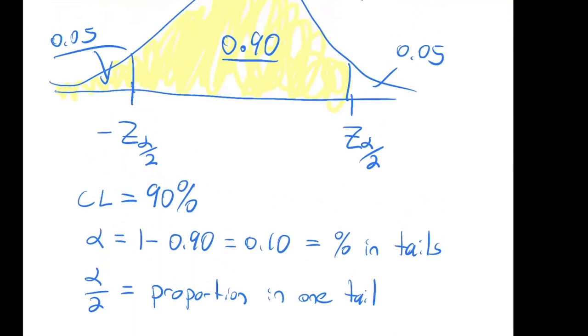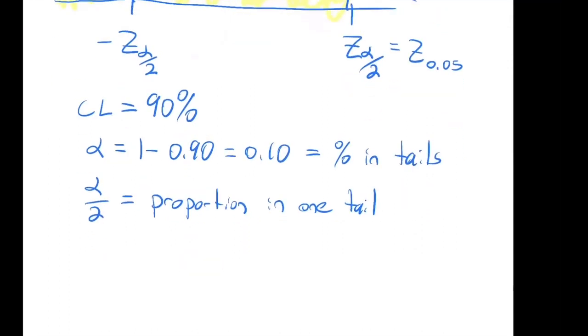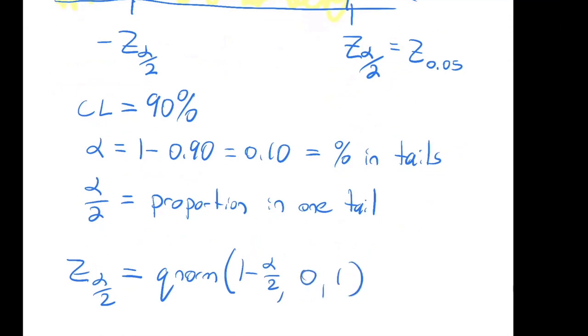So in this case, we would say that that's z of 0.05. Our alpha was 0.1 in this case. So to find these z alpha over 2, we kind of can use this formula.